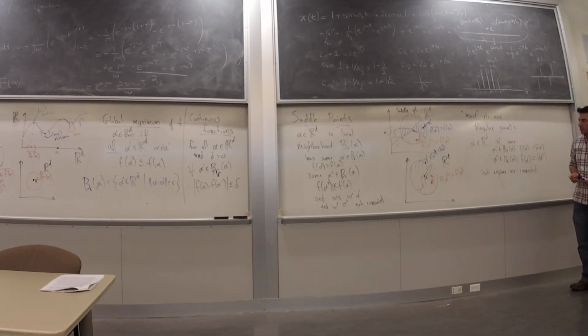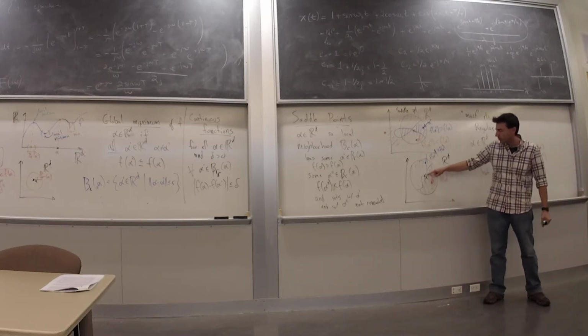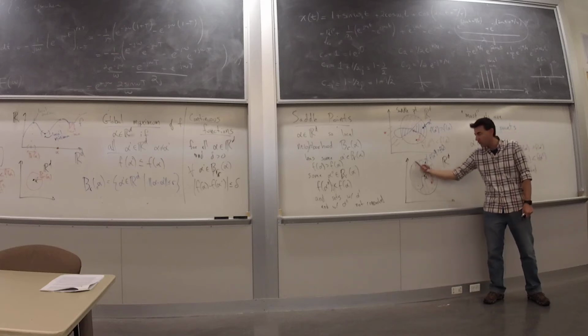And so most points on the function, unless it's some pretty weird function that we're not going to encounter in this class, are going to be these regular points where these points are below in one direction and in the other direction they're above.